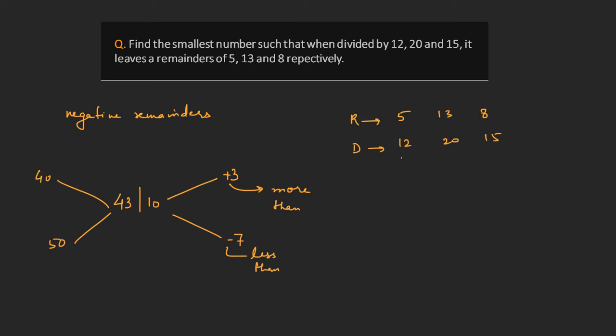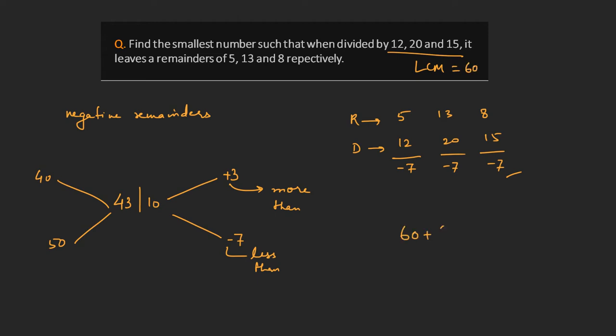For that, as we just learned, we subtract the divisors from the remainders. 5 minus 12 is minus 7. 13 minus 20 is again minus 7. And lastly, 8 minus 15, negative 7. So we get the equal remainders that we wanted. From here, it's just like the previous question. We find the LCM of the divisors given to us and add this remainder. The LCM of 12, 20, and 15 is 60.